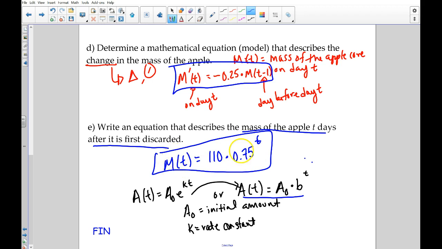To get the next day, I would have to multiply by 0.75, which would allow me to get the value observed on day 1. So an exponential model can follow either of these forms. In this case, we chose to follow the second one because we're multiplying the mass by 0.75 each day to progress in the table.